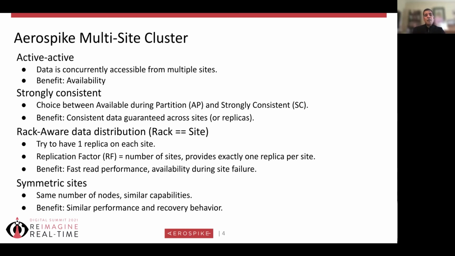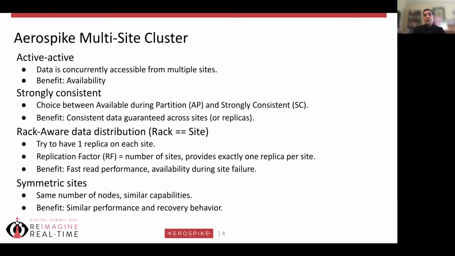Another very important aspect of multi-site cluster is the data distribution is rack aware. And in this context, rack is equivalent to a site. So whenever we say rack, we mean it can be equated to a site.